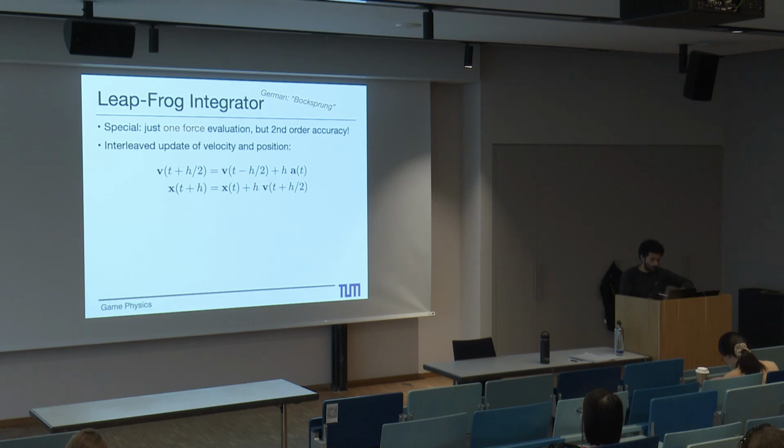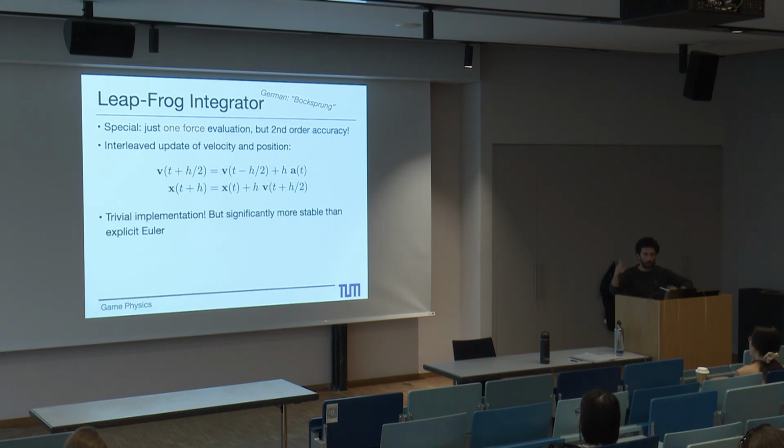And the nice thing is that the implementation is relatively trivial, and we have fewer vectors to keep track of in our integration steps. However, even though it's extremely simple, we can obtain the same accuracy as the midpoint and other methods with this approach.